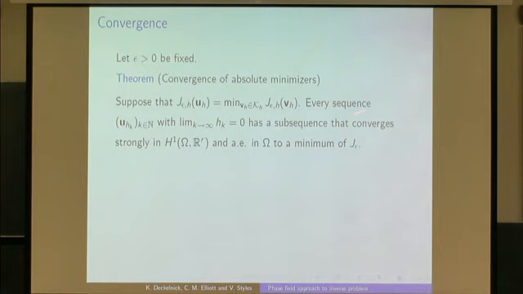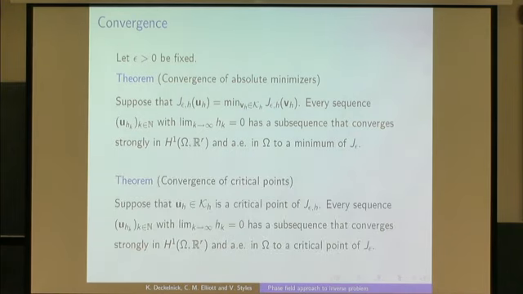And then you can prove that every sequence UHK of absolute minimizers has a subsequence which converges strongly and almost everywhere to a minimum of J epsilon. So in this sense, this approximation is consistent, but it doesn't really help us so much because in practice we are not going to be able to find absolute minimizers. That's very difficult.